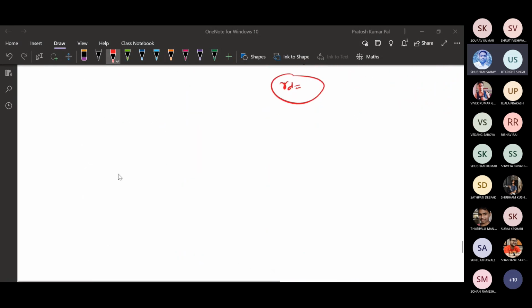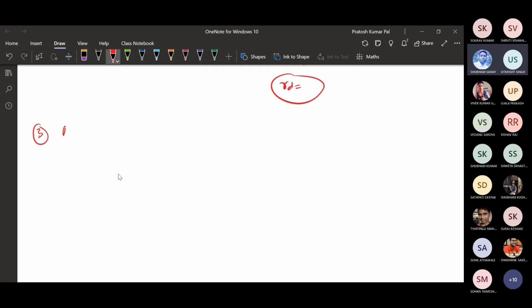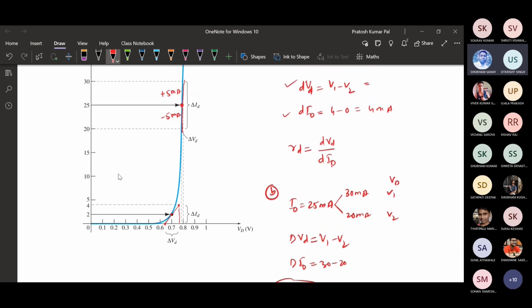And one more resistance is there, that is called average AC resistance. So basically the average AC resistance will be calculated when the input signal that we are applying is very large.